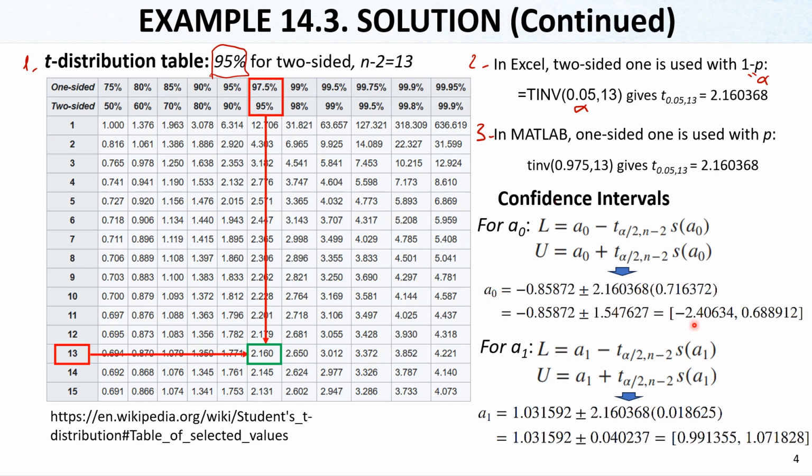We can use these confidence intervals to show that our regression curve statistically will be in this area, and with 95% confidence we can state these ranges. Let's continue interpreting this in the following slide.